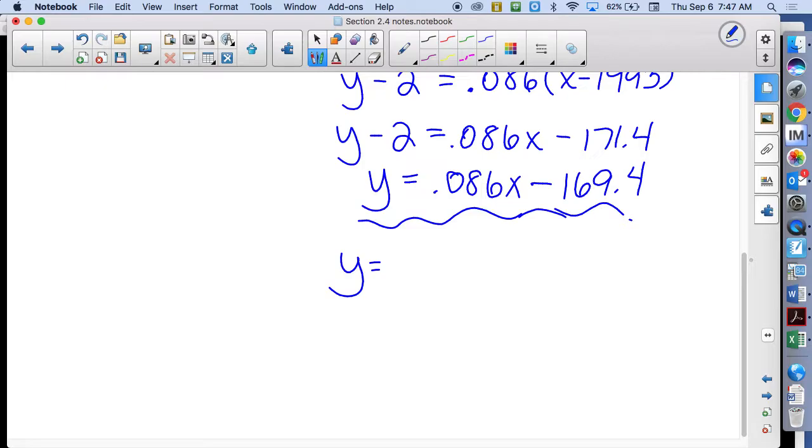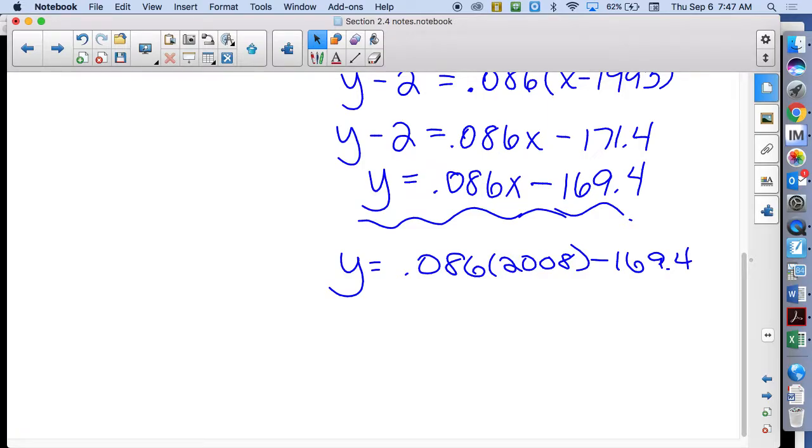Put 0.086 and multiply it by 2008. Yeah, perfect. So we know the x value. The year we're talking about here is 2008. So we'll multiply that by the 0.086 and then subtract the 169.4.